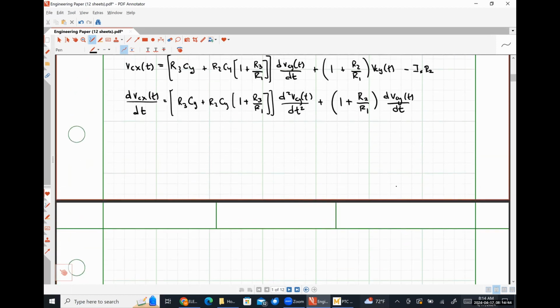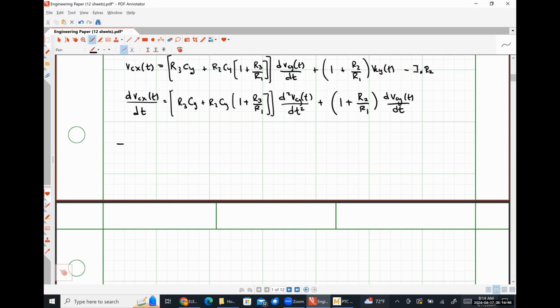So that tells me that IS is equal to CX times the derivative of VCX. So I'm going to substitute all that noise in.